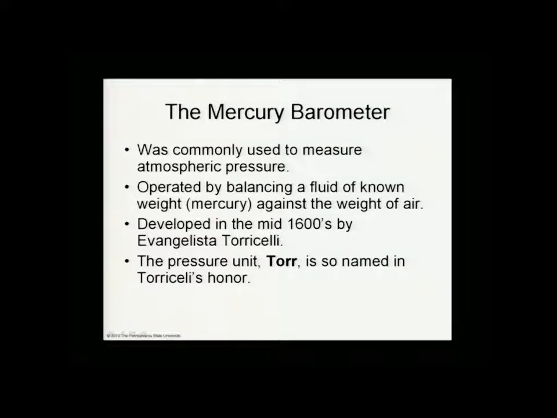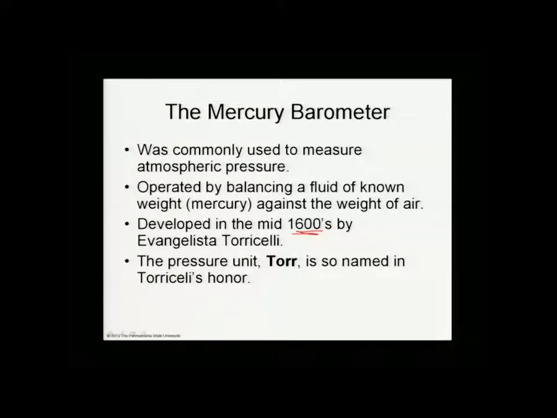Well, lots of ways of measuring pressure. The most common was developed over 400 years ago, and it's the mercury barometer, and it operates by balancing the weight of a fluid of known weight, like mercury, against the weight of air.